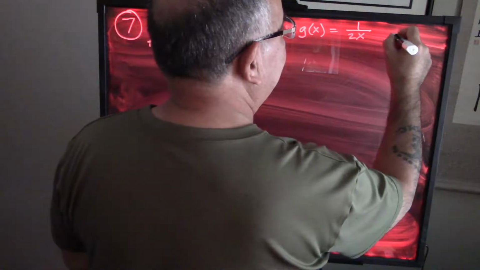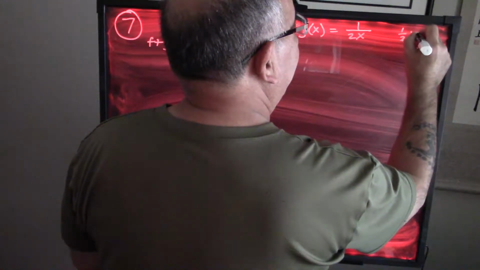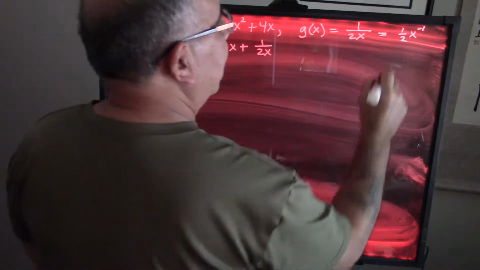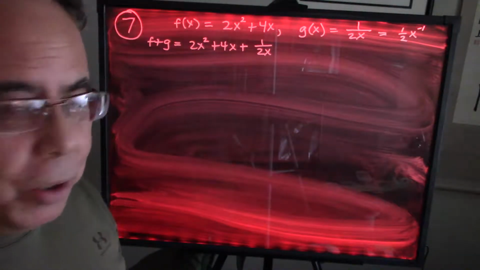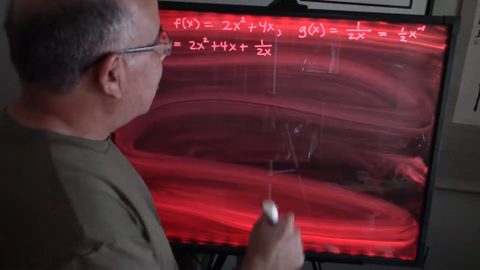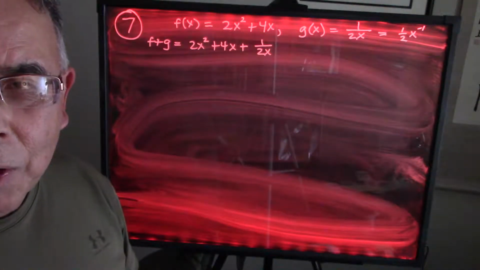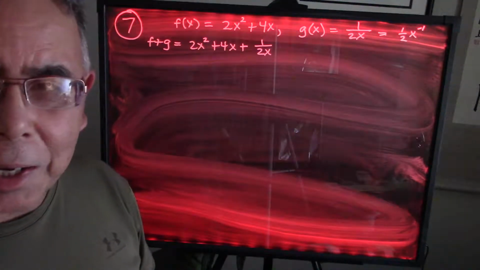1 over 2x is 1/2 x to the minus 1 power. Okay? Now in a polynomial, the powers on the x have to be 0 and up, positive integers, or let's say non-negative integers.